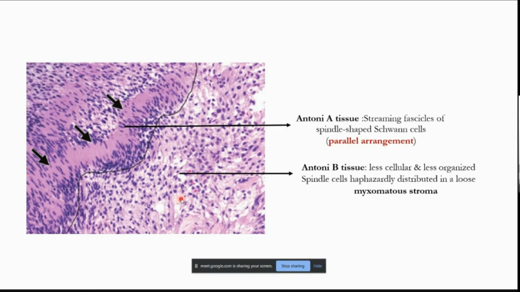It is not at all organized, and it is also less cellular compared to Antoni type A tissue. These two, Antoni type A and Antoni type B tissue, are very unique and are the histopathological diagnosis of neurilemoma. And this eosinophilic area is the Verocay body. Remember that much.